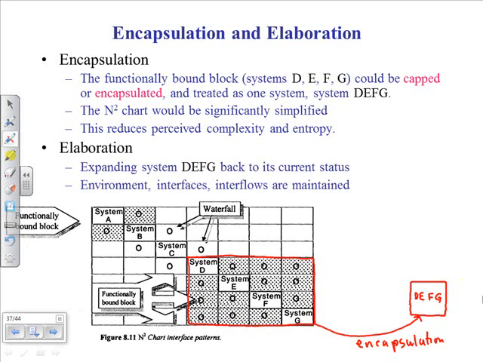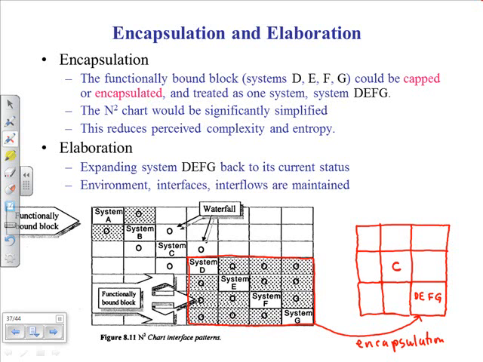So of the entire system of systems, we can encapsulate this and create another n-squared chart, which can look like this. So we have system C. So C is going to be here.